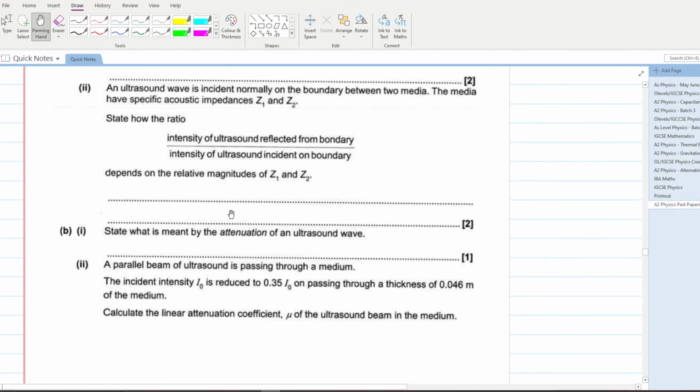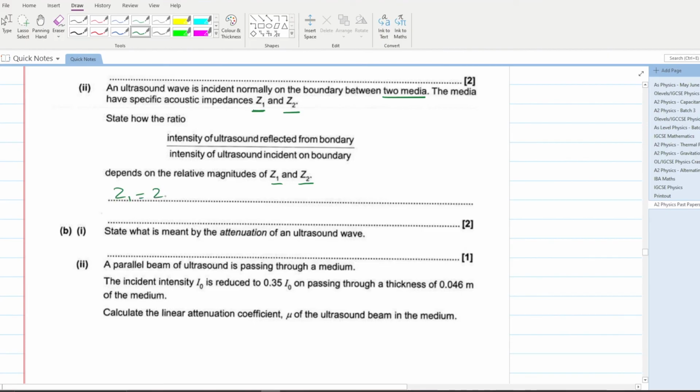An ultrasound wave is incident normally on the boundary between two media. The media have specific acoustic impedances Z1 and Z2. State how the ratio of intensity of ultrasound reflected from the boundary divided by the intensity of ultrasound incident on the boundary depends on the relative magnitude of Z1 and Z2. Again, same answer.